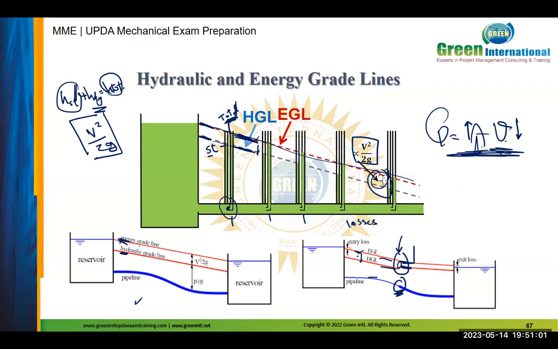At the beginning, it goes with the same difference up to this intersection, where it changes, and once changed it continues with the same distance. So all in all, what is the meaning of the difference between the energy grid line and the hydraulic grid line? It refers to velocity, or dynamic head.